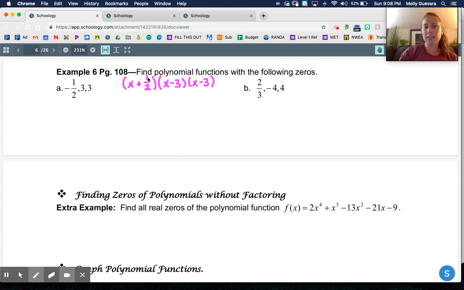And I don't like that there's a fraction here, so I'm going to multiply this whole thing by 2, and that's okay, I can do that. So this gets me 2x plus 1, because 2 times x is 2x, and then 2 times 1/2 is 1. And because I paid really good attention in Algebra 2, I know that x minus 3 times x minus 3 is x squared minus 6x plus 9.